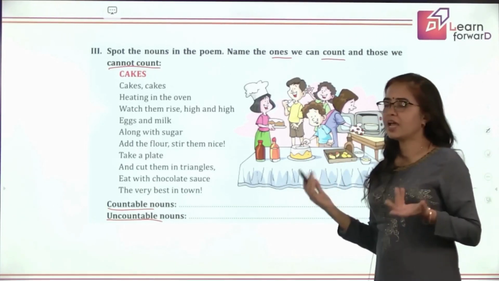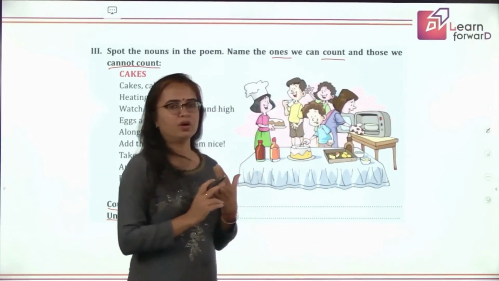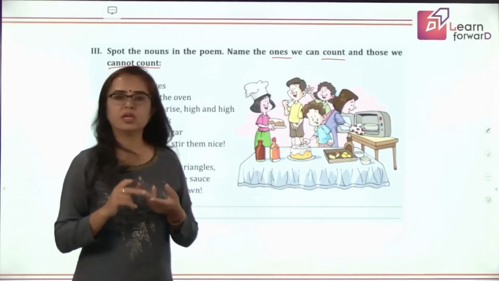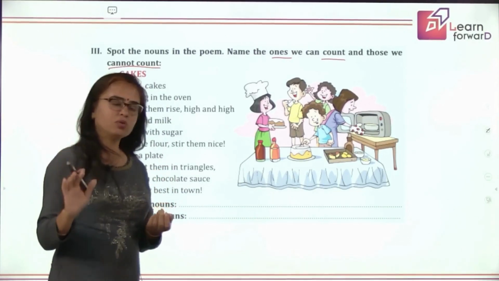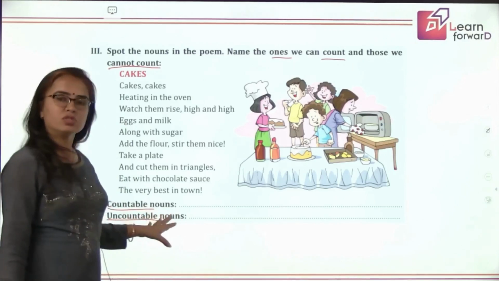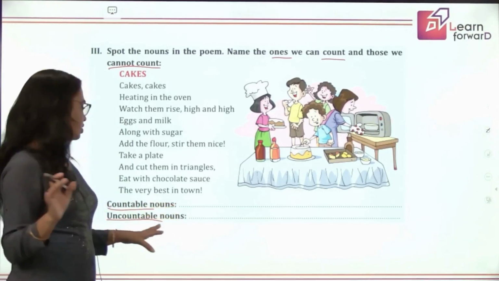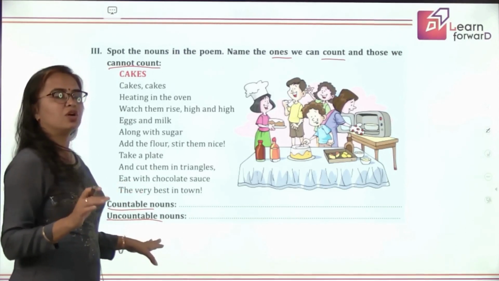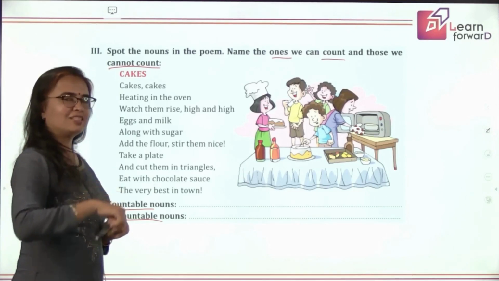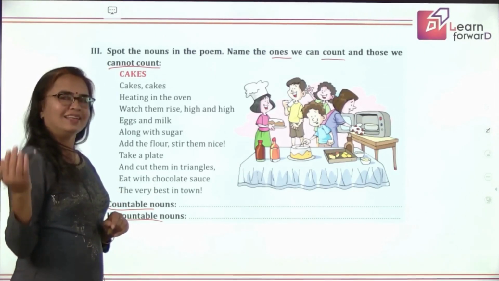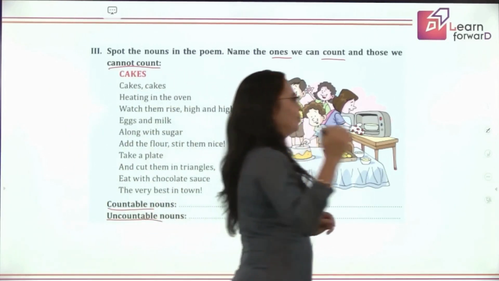You just have to check whether we make a singular or plural out of it or not, whether we can count them or not. If you have singular plural, if you can count them, they'll come in the list of countable nouns. If you cannot count them, no singular plural is possible, then it will come in the list of uncountable nouns. Can you do this exercise yourself? You'll have fun in it? Wow, I'm happy to hear from you.